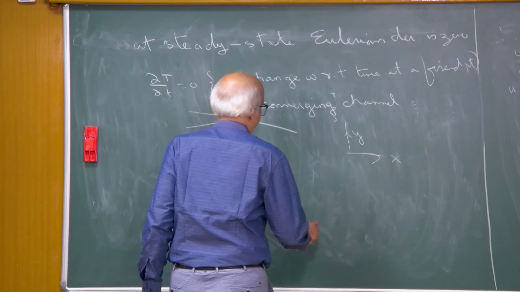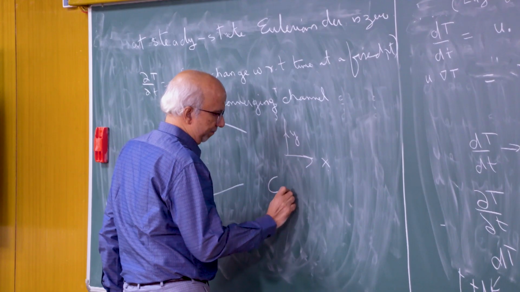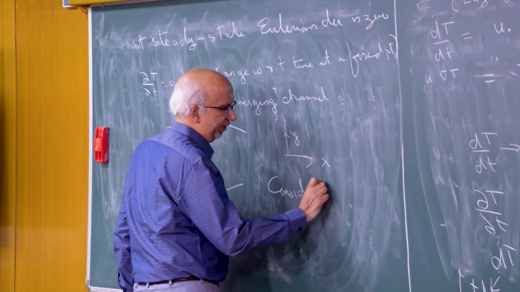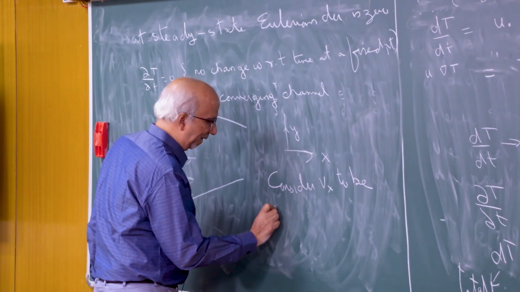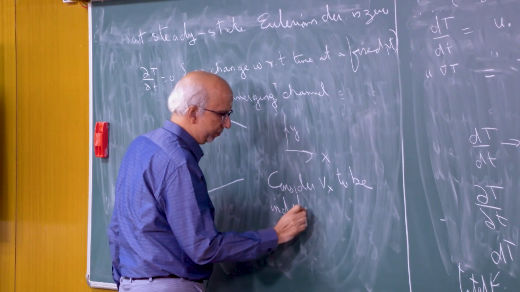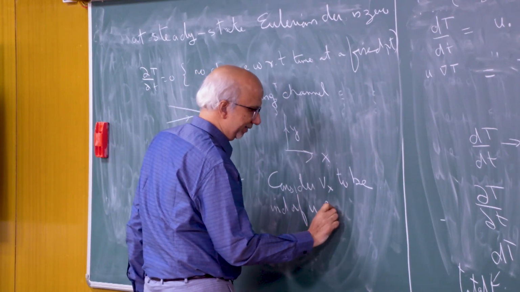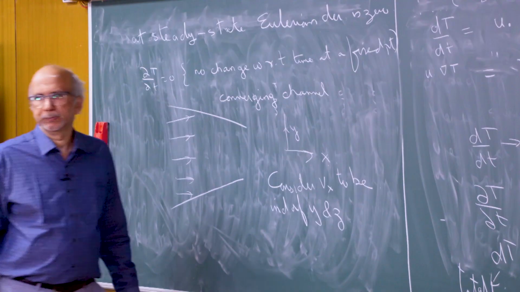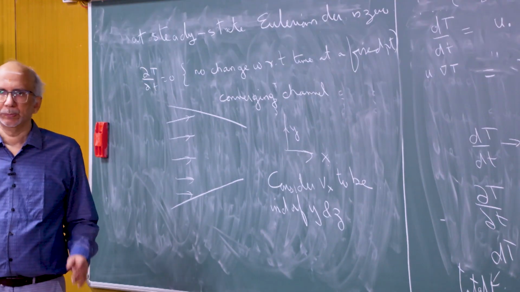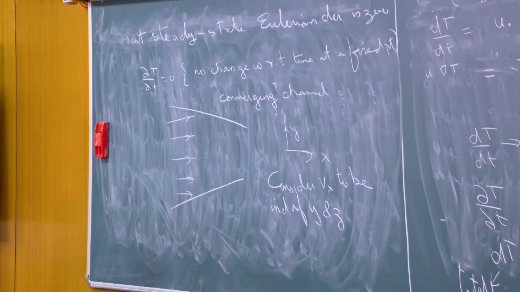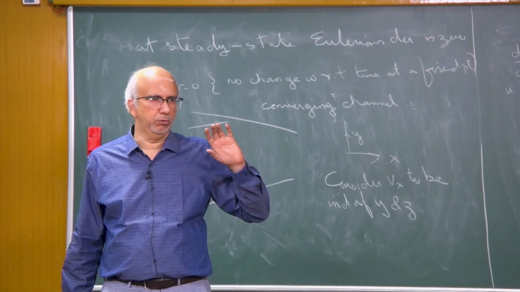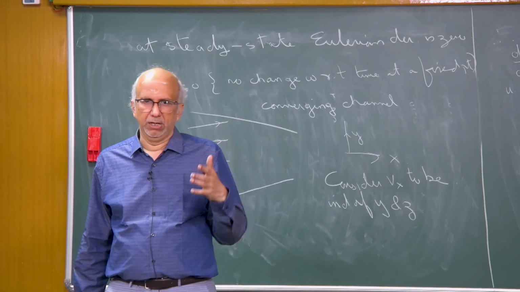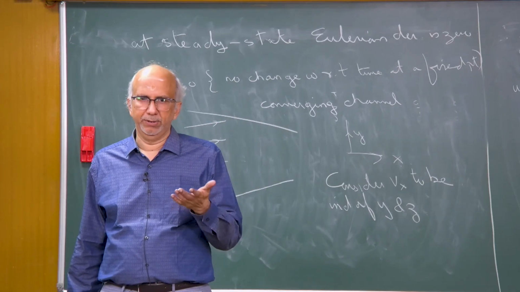So consider Vx to be independent of y and z, okay. Now you know that because the cross section is decreasing, the velocity is going to increase because you have an incompressible liquid, okay.